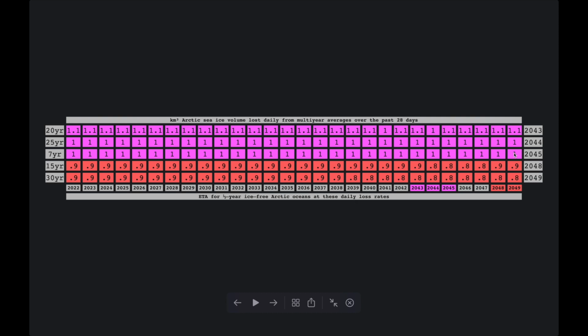And you can see that the speed of collapse of the 7-year average is 1, and the key for that is up here. It's 1 cubic kilometer lost daily from the 7-year average. So every day this month and next month and probably next year, we will lose about 1 cubic kilometer from the long-term average of sea ice volume.